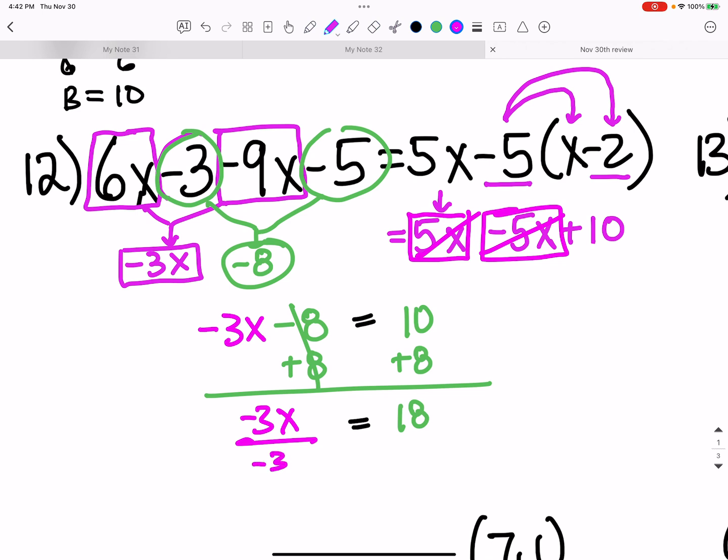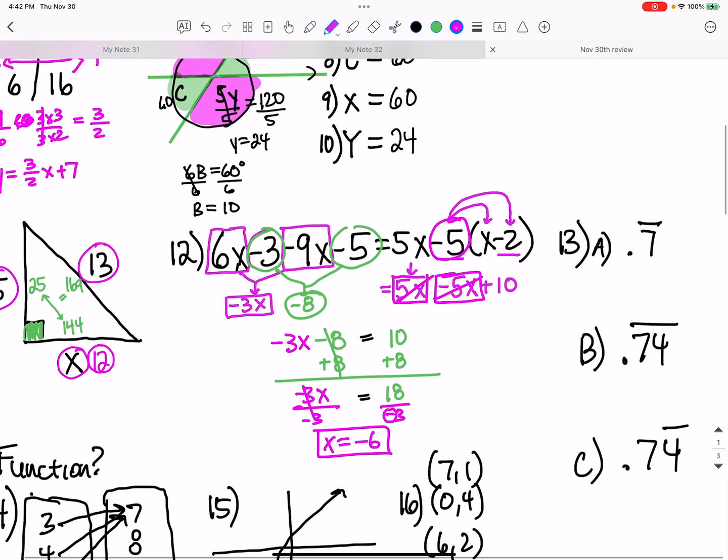Divide by -3. X equals -6. 18 divided by 3 is 6. Nothing kills the negative. X is -6. So the big steps in that one were the distribution and combining like terms.